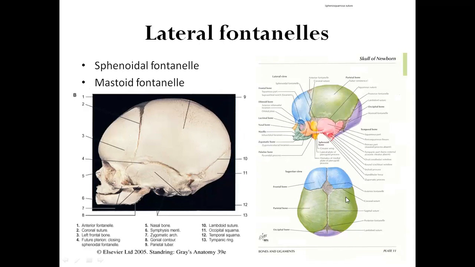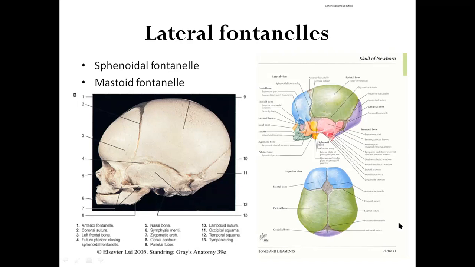So when you see the norma verticalis view, between the frontal and parietal bones there is an opening called the anterior fontanelle, where we have the bregma point. If you have ever taken a newborn baby in your lap and pressed over this area, you will feel it is very much membrane, no bone is there. That is the anterior fontanelle, the membranous part of the bones which has not yet ossified.